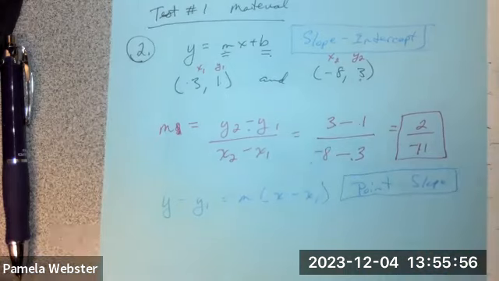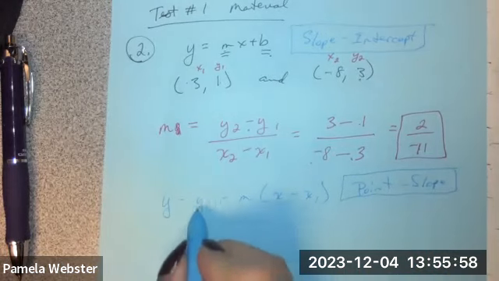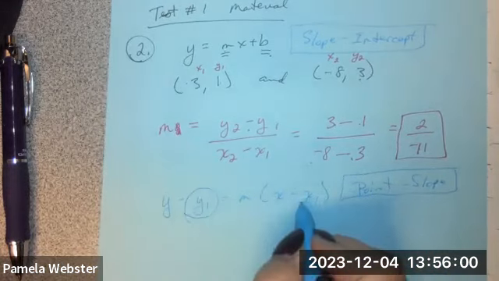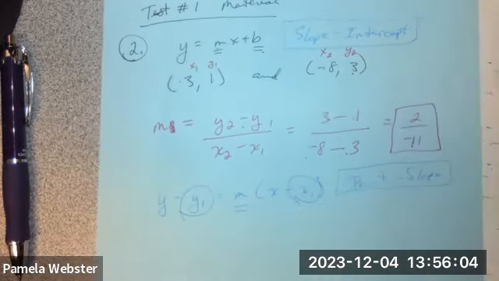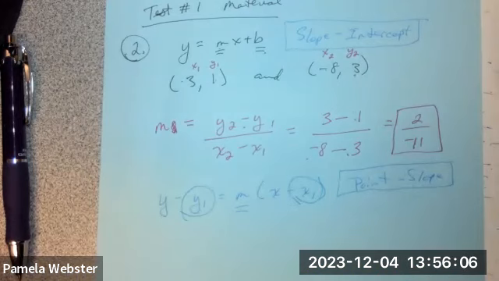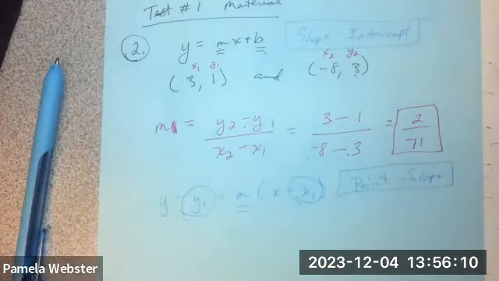Okay, so it's point-slope. They call it that because we're using one of my points, and it does not matter which one, and we're using the slope. We're going to plug in what we just found right there, and the y and the x are just going to remain generic, so they are not going to change on me.